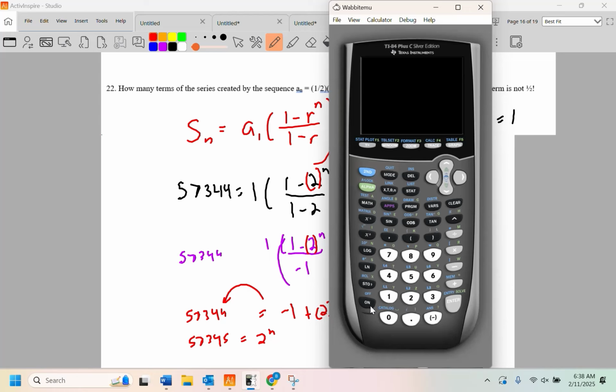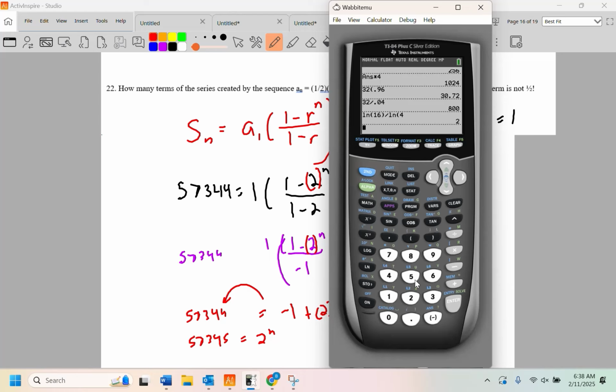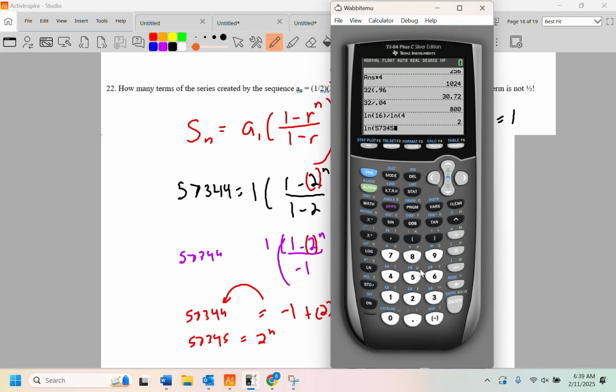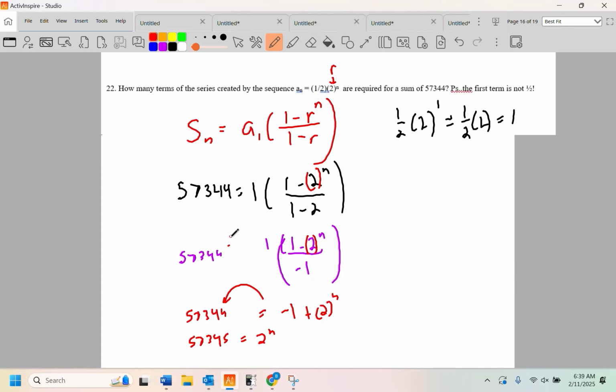I have a problem with this. 5, 7, 3, 4, 5. Anyways, I'm doing log as bay here. So, yeah, ln 5, 7, 3, 4, 5 divided by the natural log of 2. Yeah, let me pause this, see what the problem is, but there's a problem somewhere. If I have to edit it out, so be it.